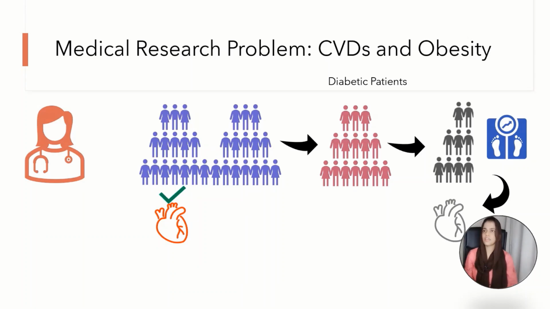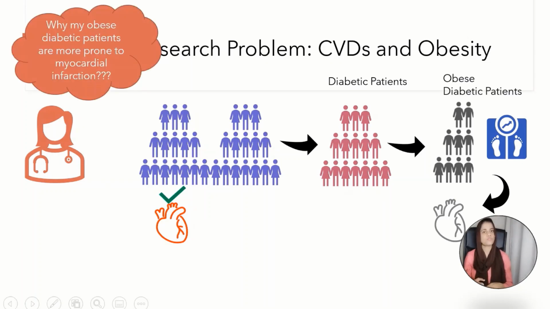So this observation made a physician think, why are obese diabetic patients more prone to myocardial infarction? It means the clinician observed that there exists a problem with diabetic patients. Those who tend to be obese are more susceptible to cardiovascular disorders.